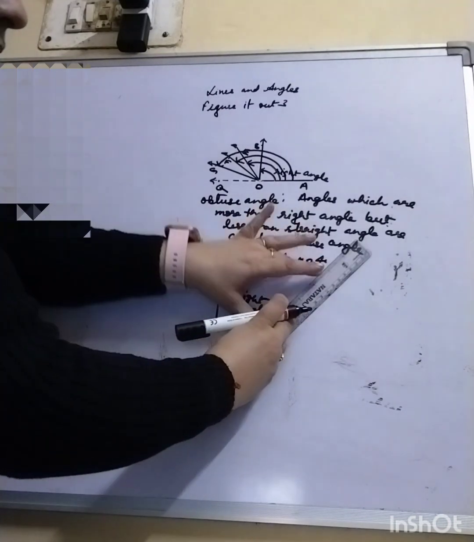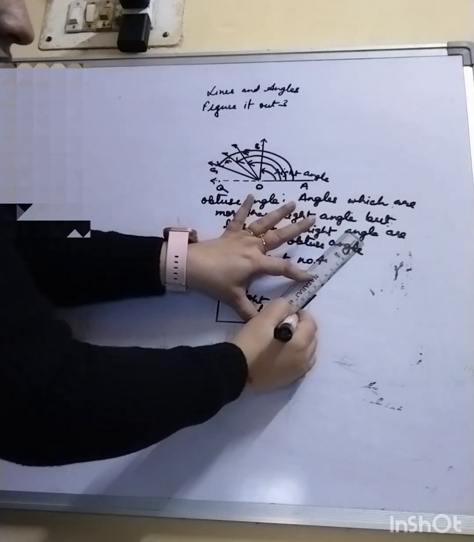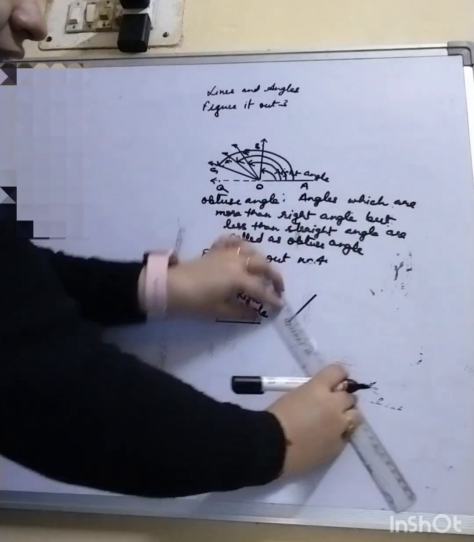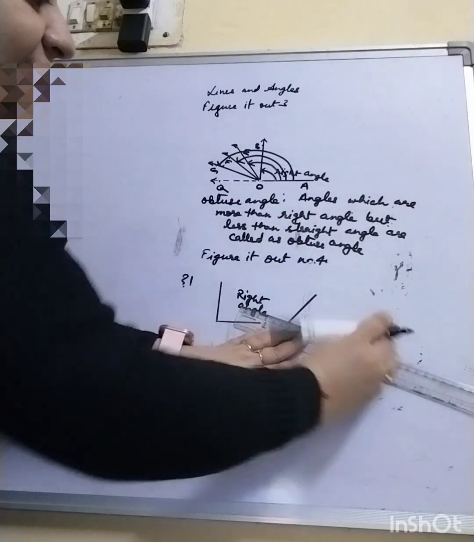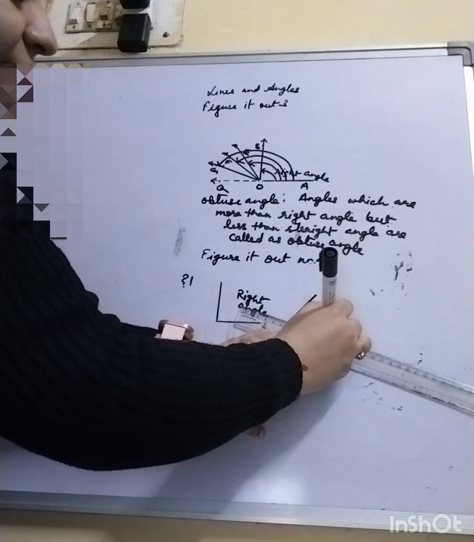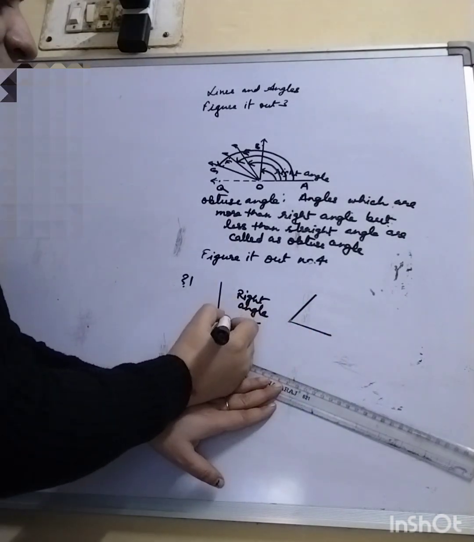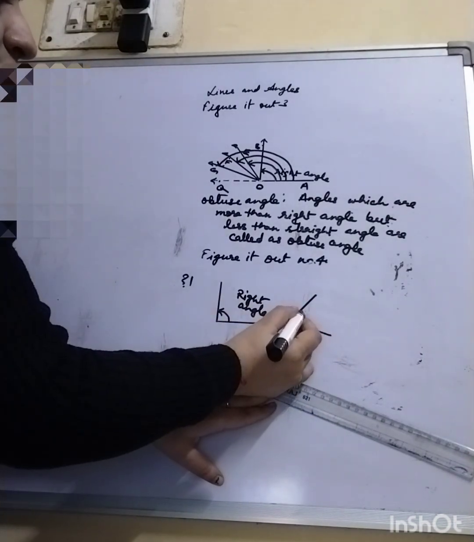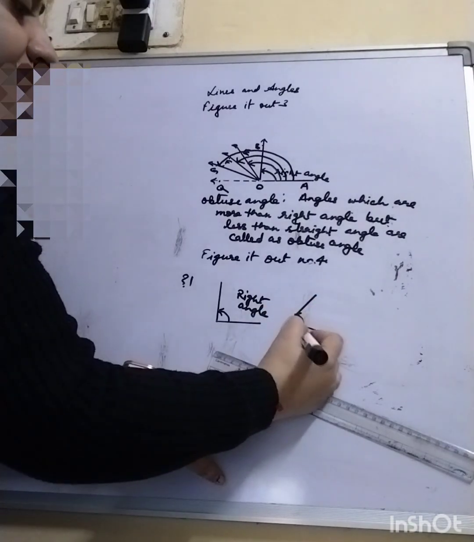If the angle shape is less than a right angle, orientation can be anything, direction can be anything, but it should be less than the L shape, so that would be an acute angle.